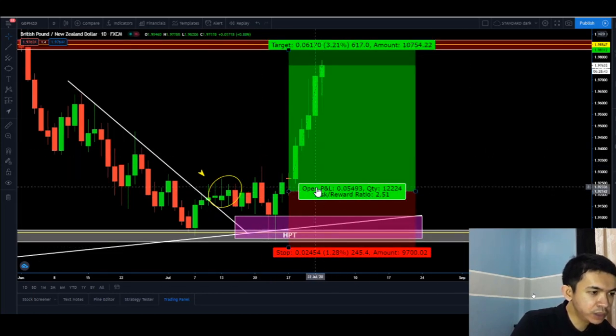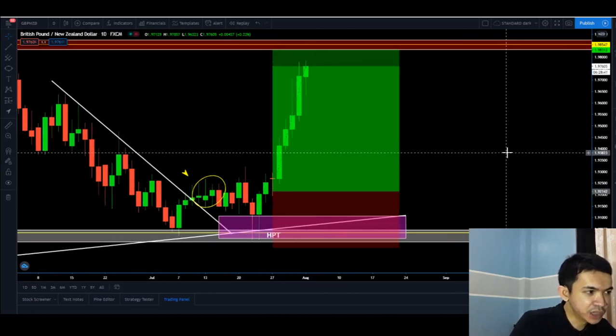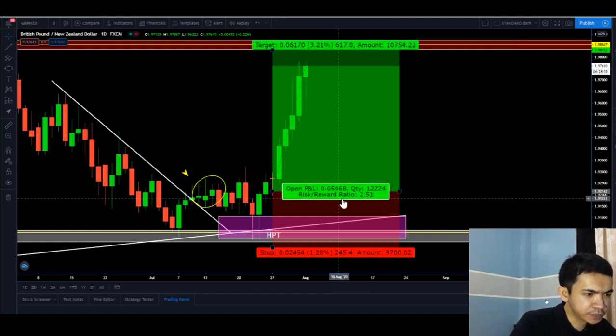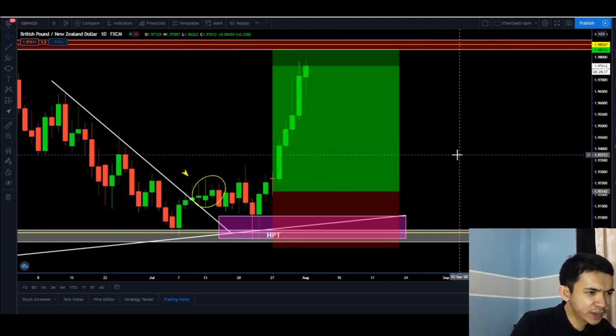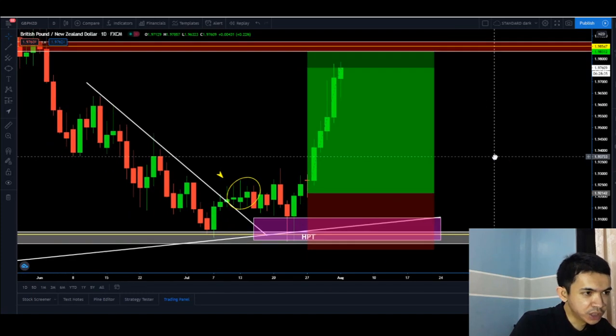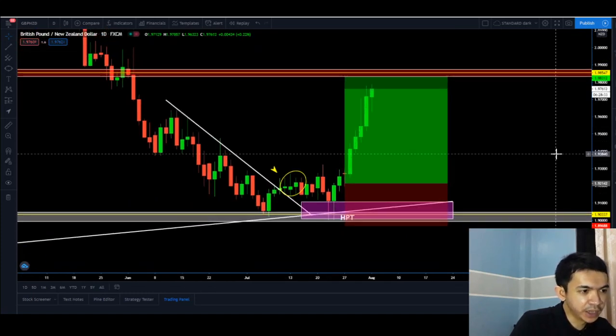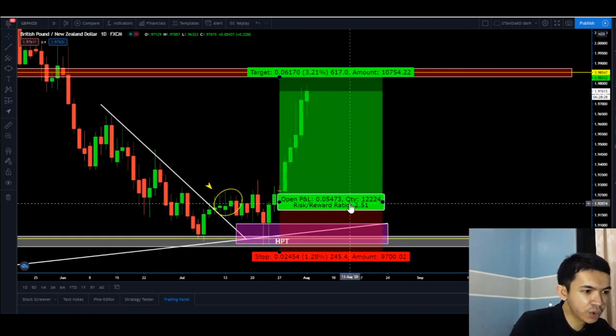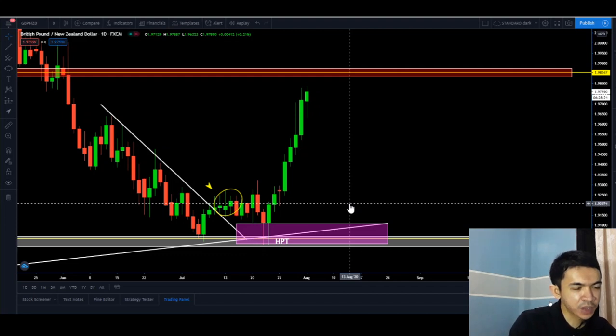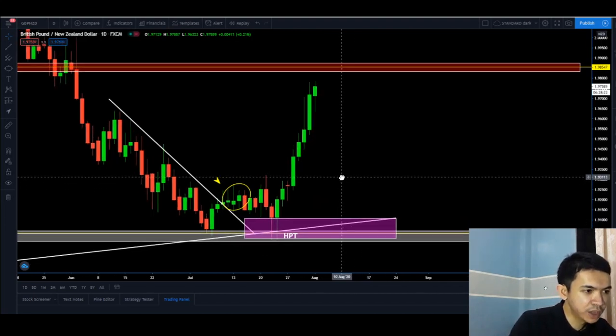My setup will be like this, and the risk reward ratio is how much? 1 to 2.5. So is it a low risk, high reward entry? Definitely no. We want our stop loss to be as tight as possible, an entry as optimal as possible.